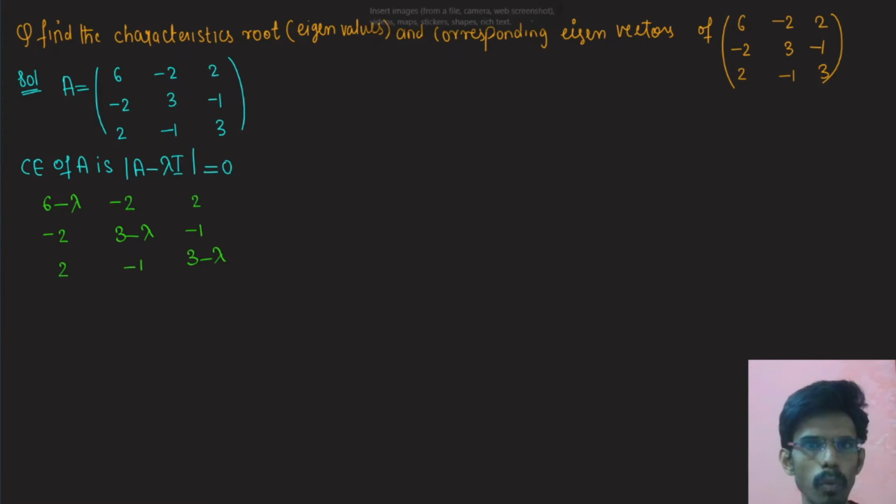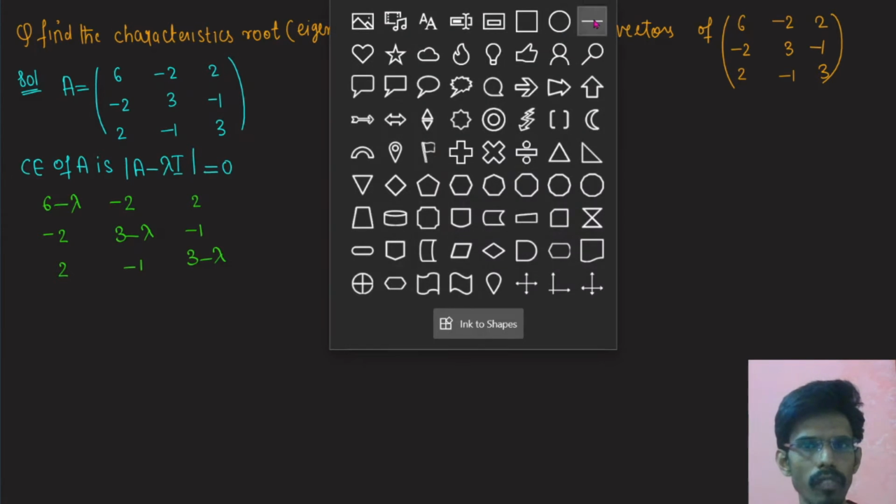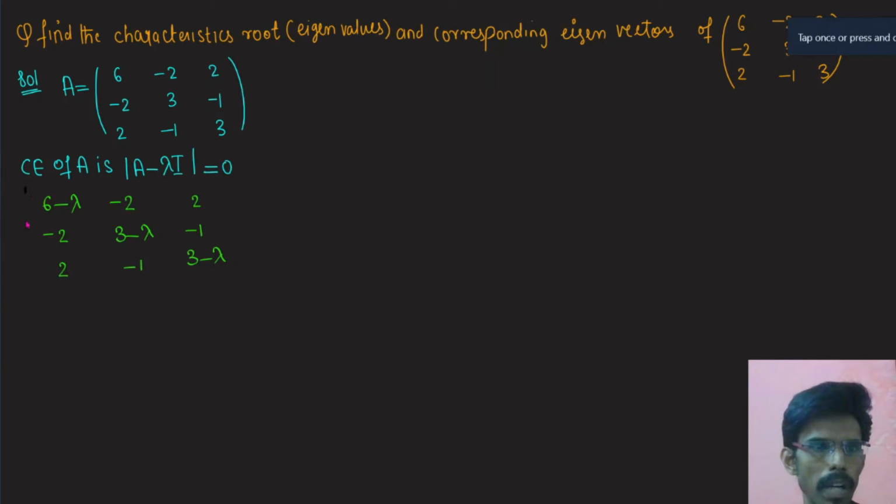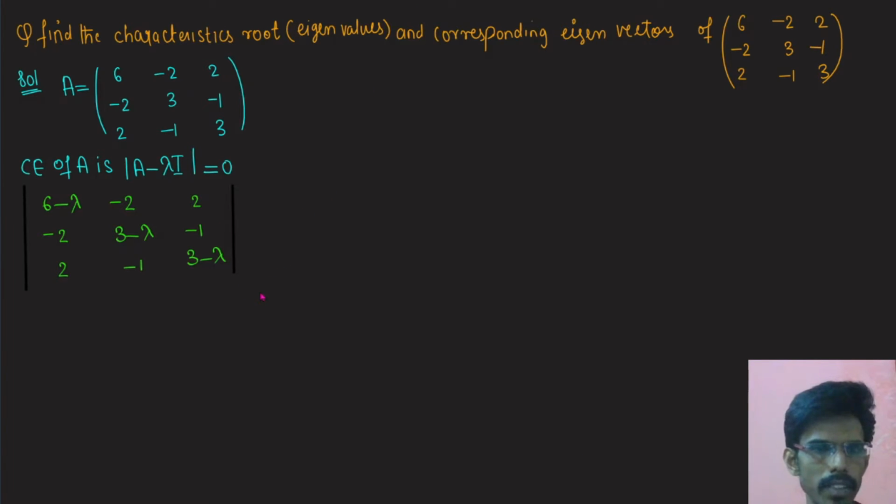Now we have to find the determinant of this matrix, and it must be equal to 0.